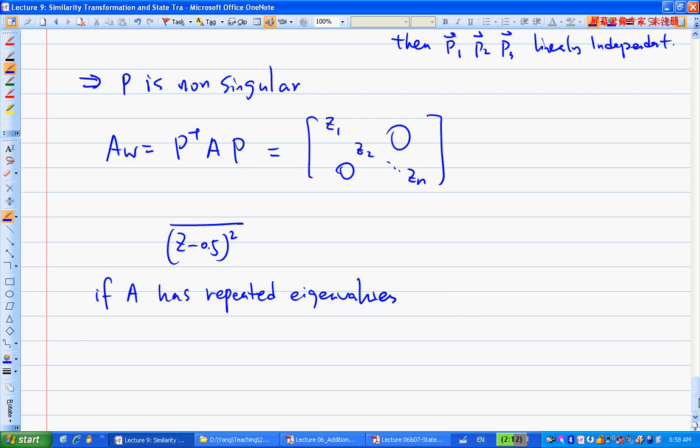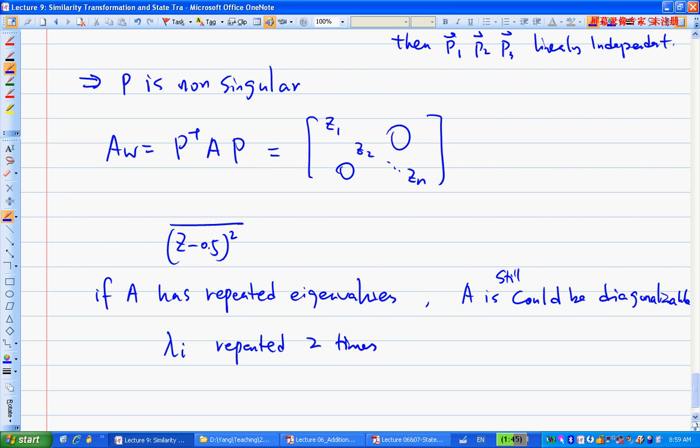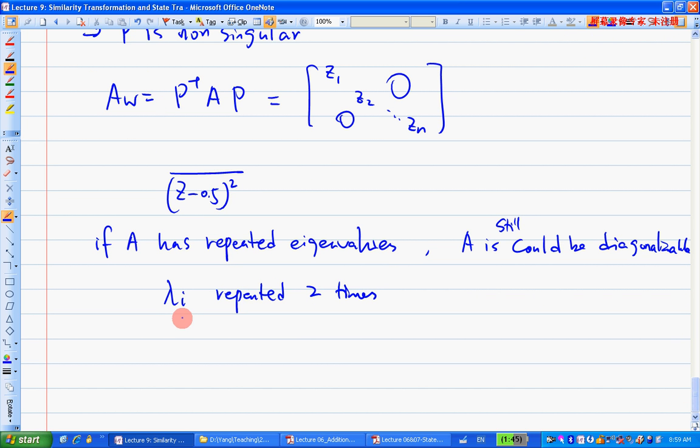So A still could be diagonalizable. In that particular case, what you need to look at is, for that repeated eigenvalue, let's say lambda i repeated 2 times, the eigenvectors corresponding to lambda i.